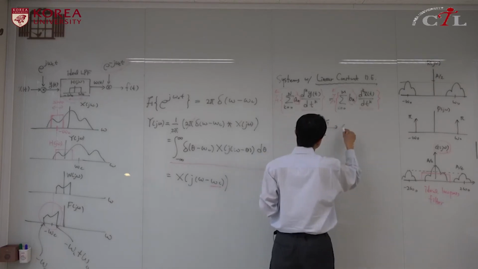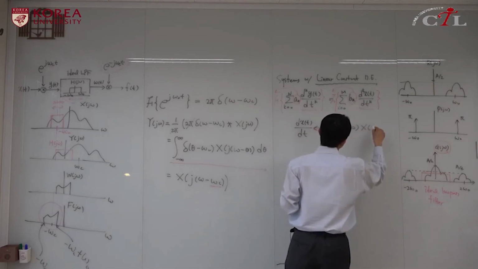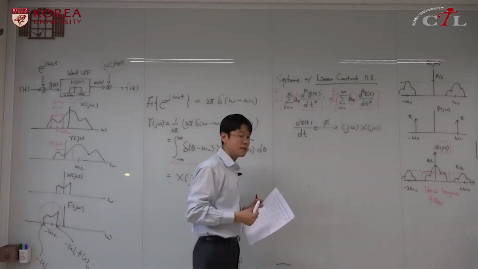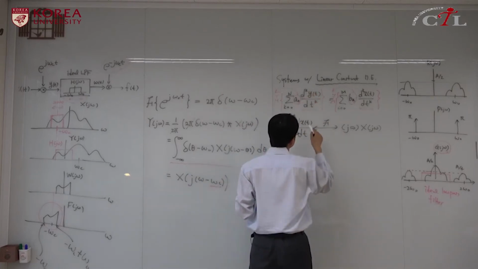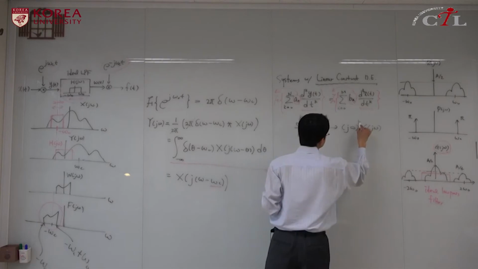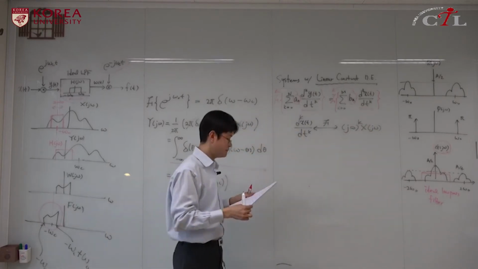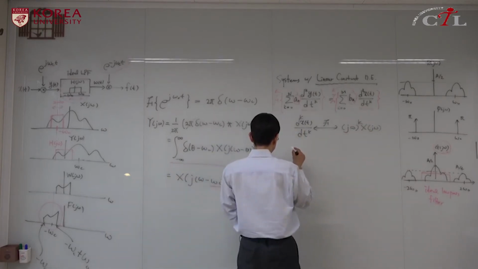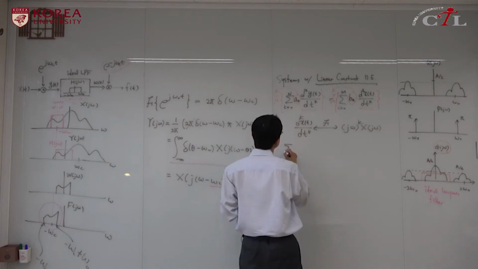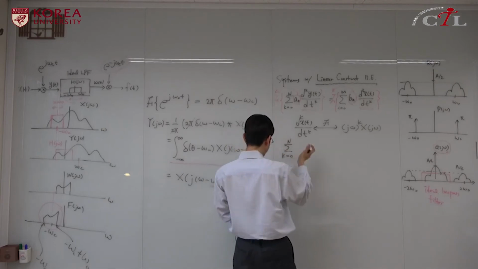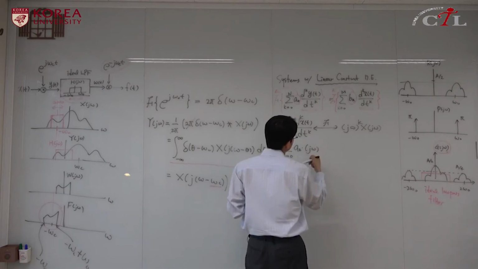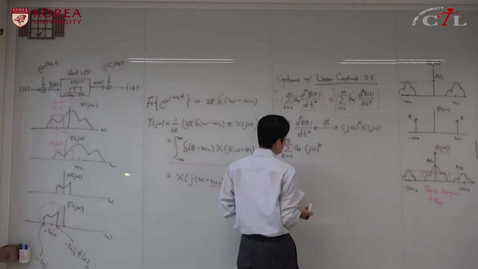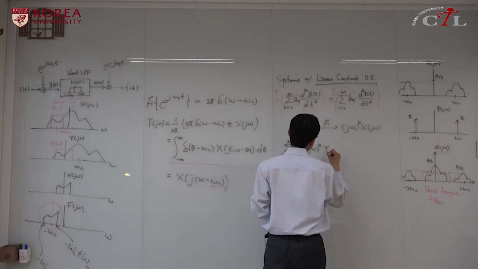If it's differentiated k times, then I just put the power k here. So for this I may write the sum from 0 to n, a_k comes to the front, and (jω)^k is applied, and the remaining is Y(jω).